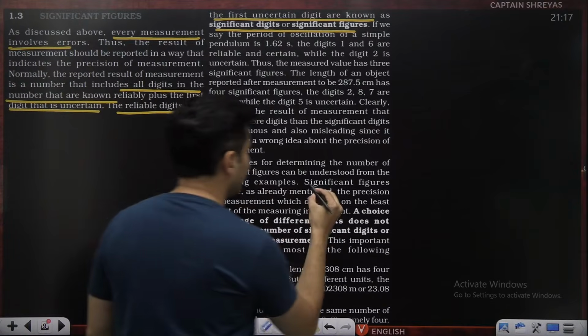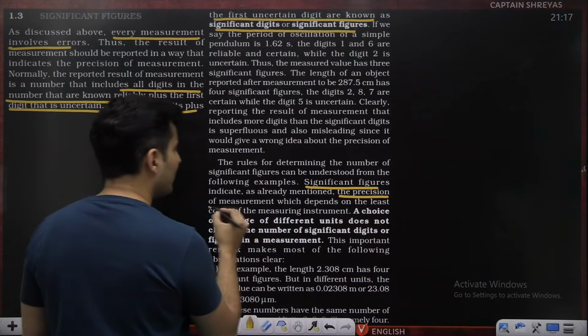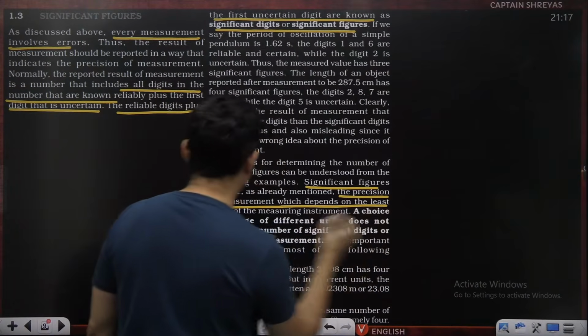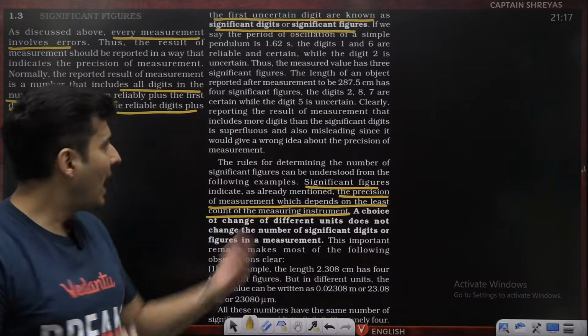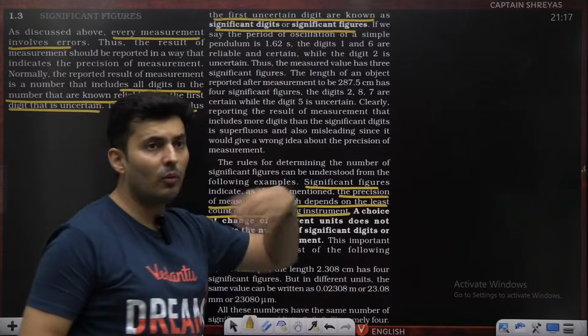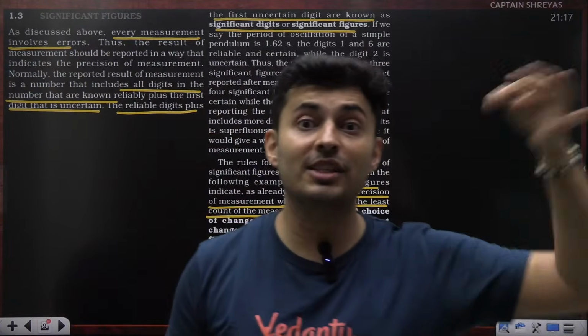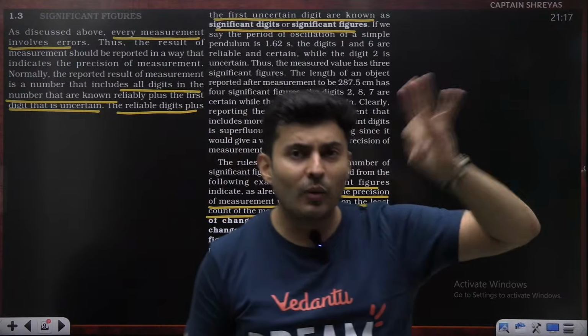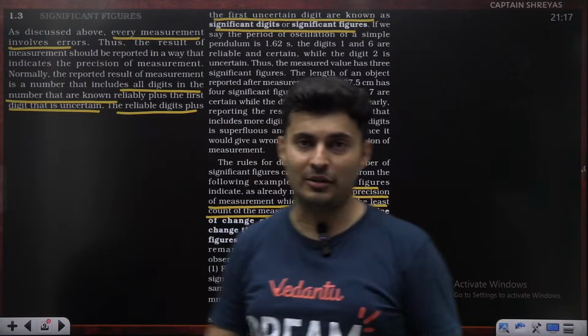The significant figures, as expressed before, express the precision of the measurement, which depends on the least count of the measuring instrument. So how accurately are you able to measure 287.5? Maybe 0.562, maybe 0.561. That depends on something called the least count of an instrument.